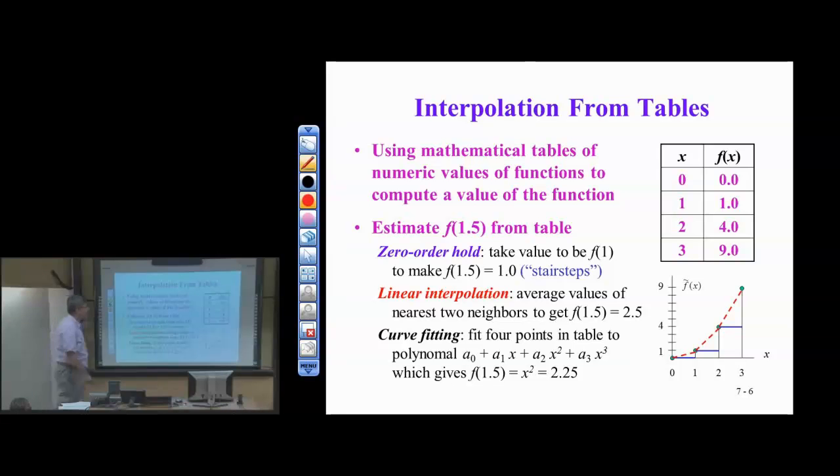So interpolation from tables is, again, here's an example, a very simple table with 4 entries, an x and an f of x. This also might happen with mathematical tables and handbooks. Those are less common these days, but again, I think reading something online is more likely the case. Or I have a graph where I can read off some values and I'm trying to interpolate between values that I know.